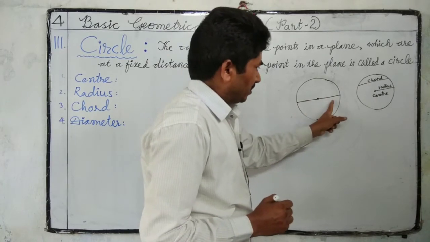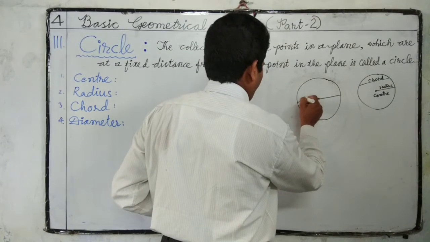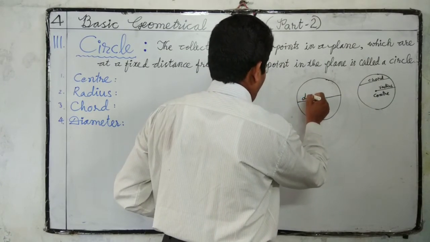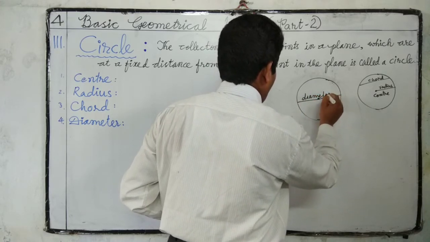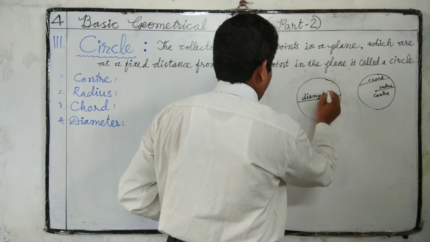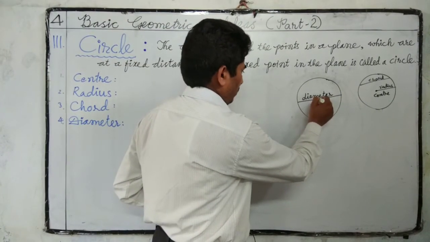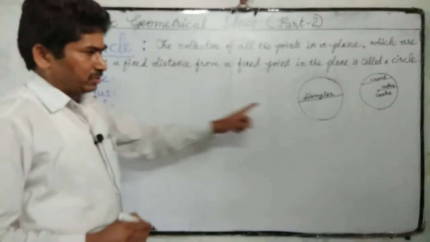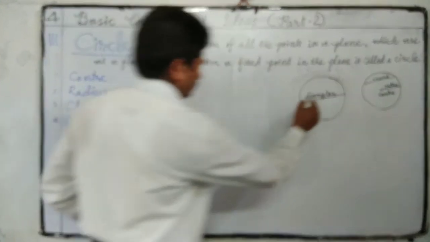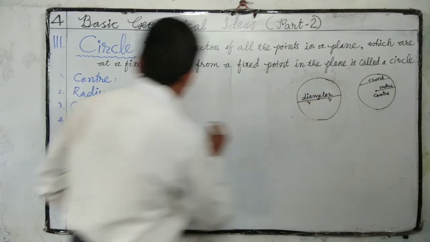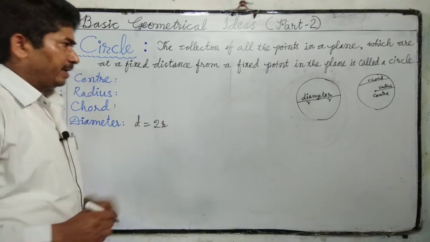This longest chord which passes through center is called a diameter. It is equal to 2 times of the radius. D is equal to 2r.